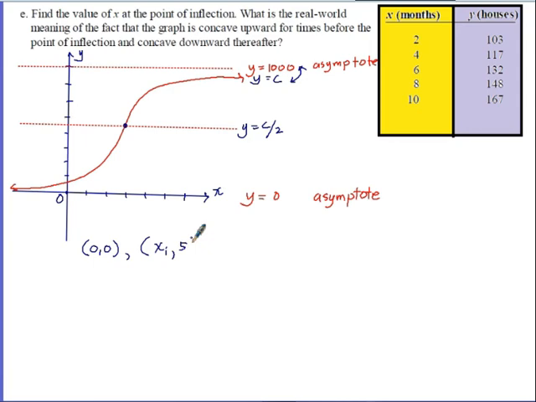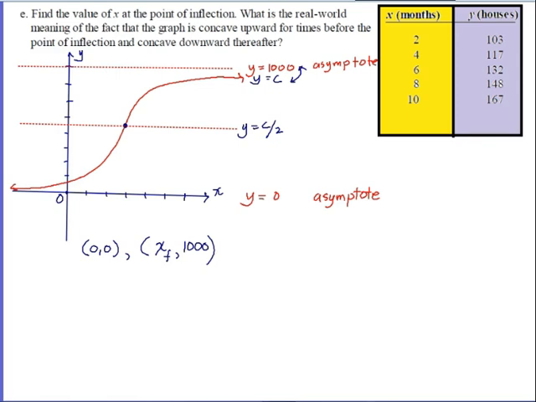Now first let us have the 2 points. We have y equals C, so that's xf, and C is 1000, but our xf is also unknown.